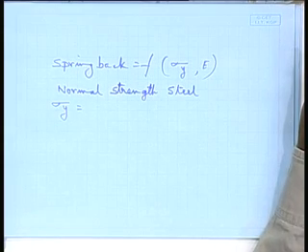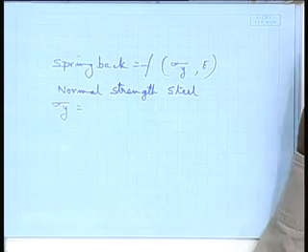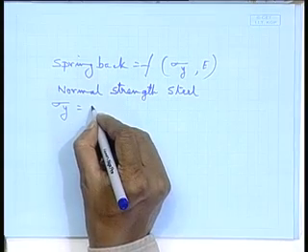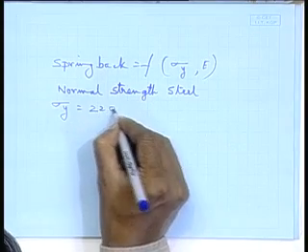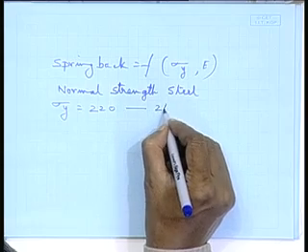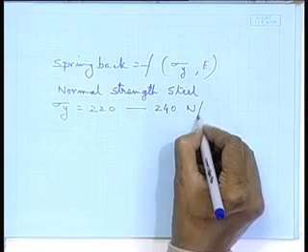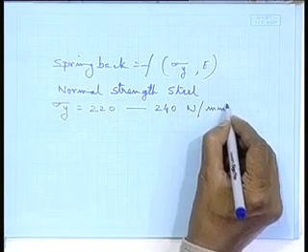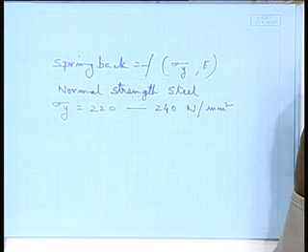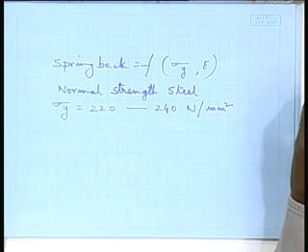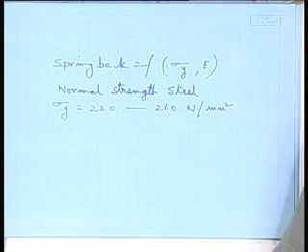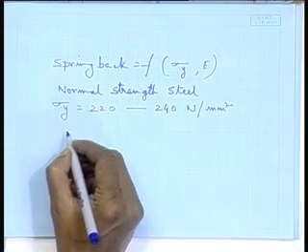The sigma y yield stress is of the order of, it will vary within this zone, 220 to around 240 newtons per millimeter square, or I think so many megapascal, isn't it? So that is what.